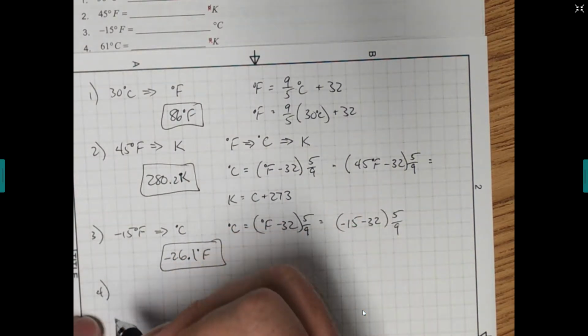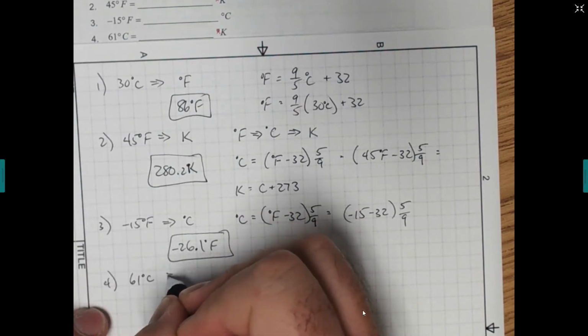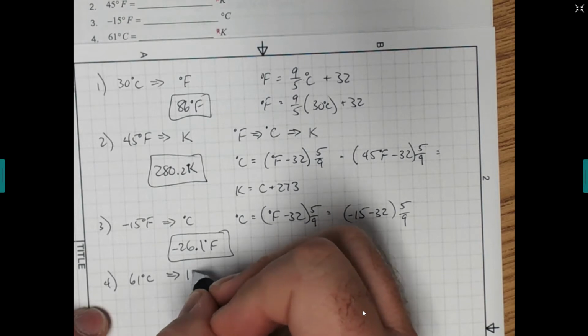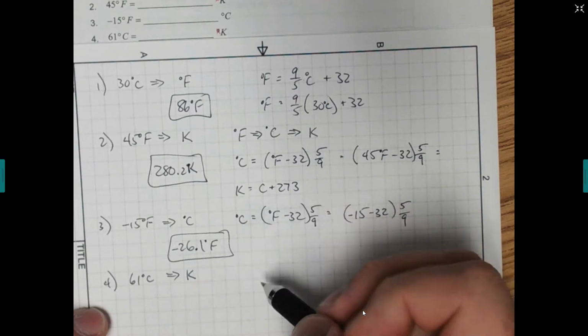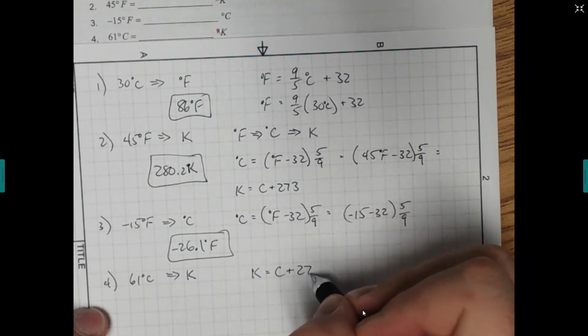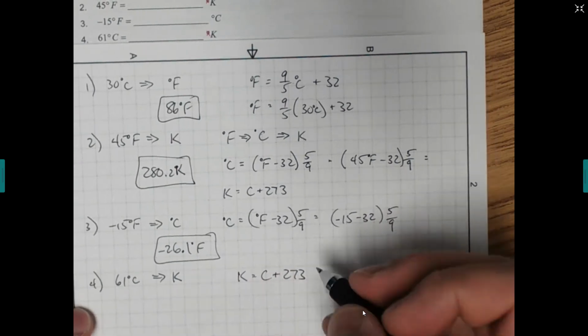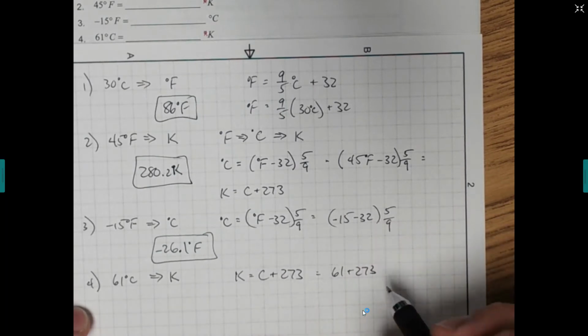And then number four, we have 61 degrees Celsius, and we want to take that one straight into Kelvin. That one's easy, to go to Kelvin from Celsius we just add 273 to the Celsius. So that's just 61 plus 273, which should be what, 341?